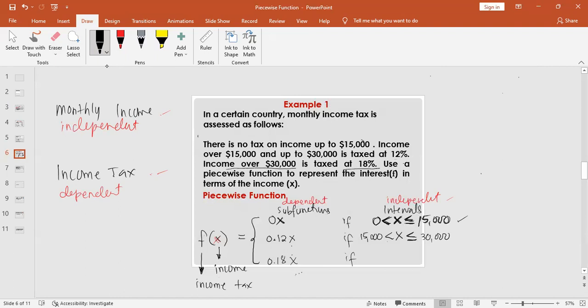So take note of the term over or above. So it means that we have to use greater than 30,000. Since over, hindi kasama si 30,000. Kaya walang equal sign dyan. And besides, it is already in the right endpoint of our second interval. So no need to put equal sign below it. And mamamali kayo kung lagyan nyo yan ng equal sign.